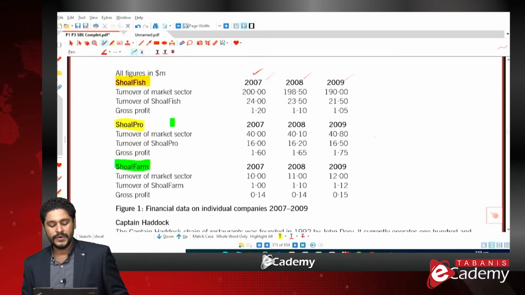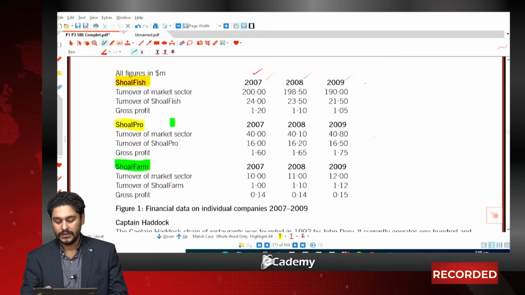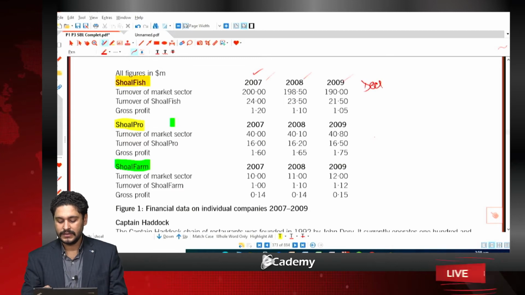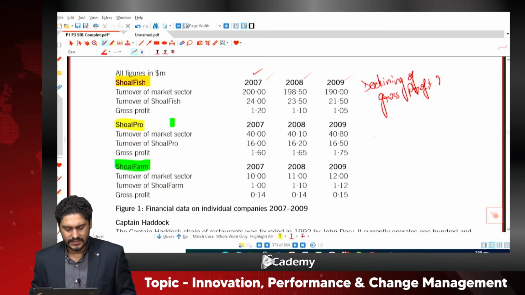Then it says that the gross profit for Shoal Fish is continuously declining. It's in a declining phase, and we need to know the reasons as well.